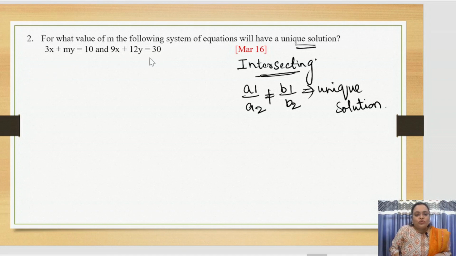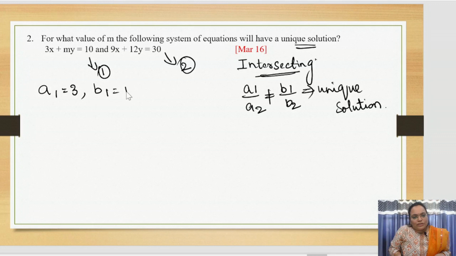So from these two equations, let us take this one as equation 1 and this one as equation 2. Comparing these two equations with the general form, you will get a1 is equal to 3, b1 is equal to m, a2 is equal to 9 and b2 is equal to 12.